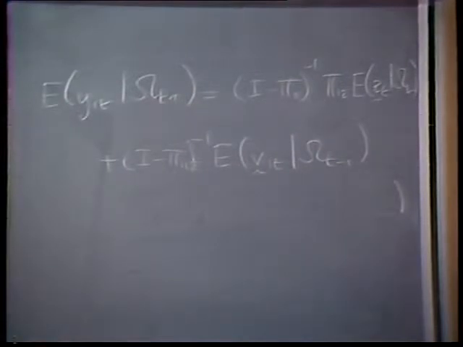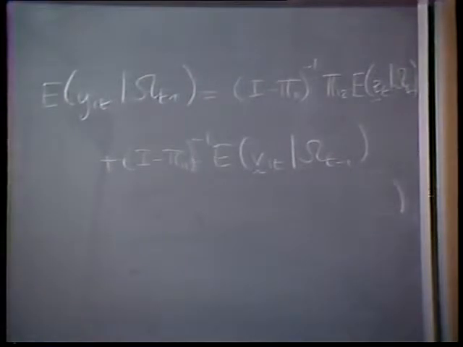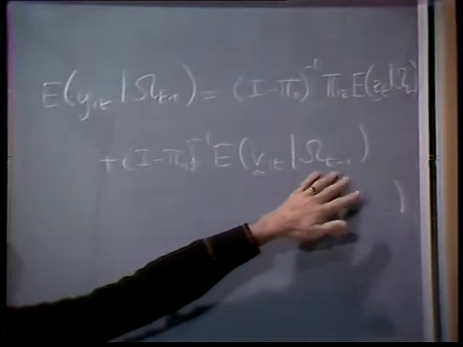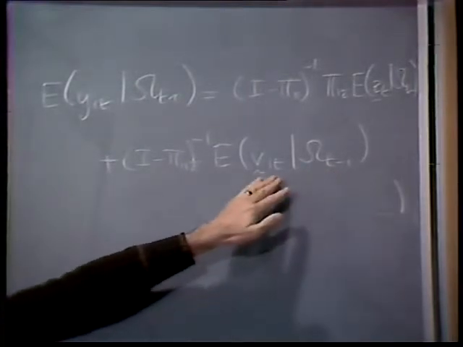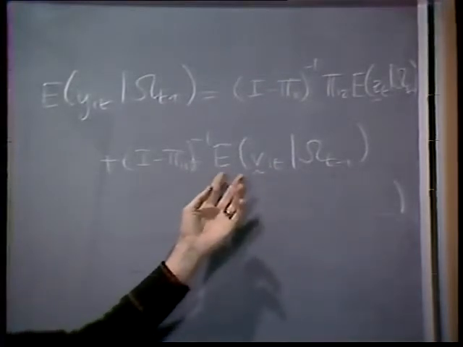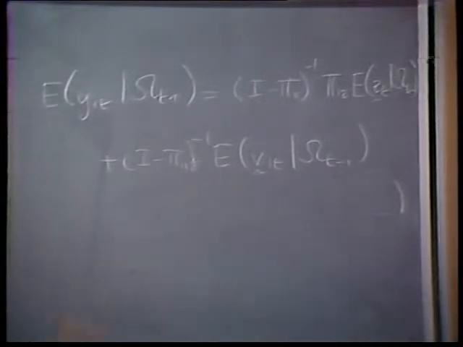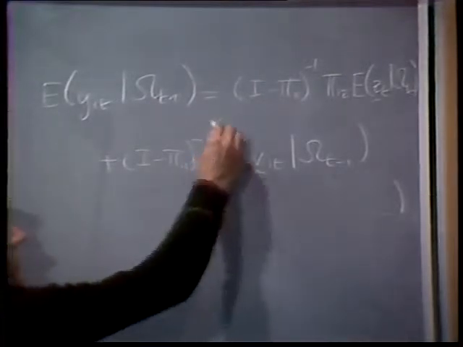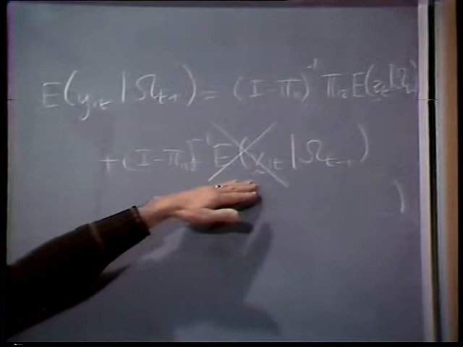So if we now assume that the errors v1t are serially independent, then all this information up to time t minus 1 is independent, or is going to have no impact on v1t. So that we simply have the unconditional expectation of v1t, which is as usual assumed to be 0. So that given the absence of serial correlation in the errors, this final term will disappear.